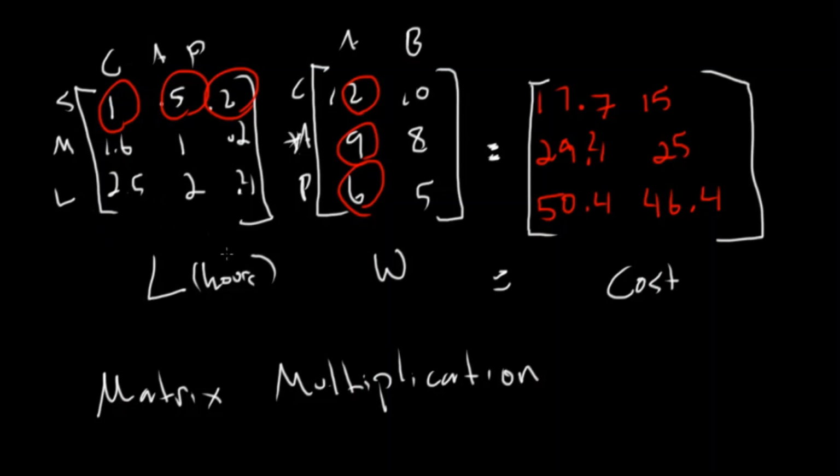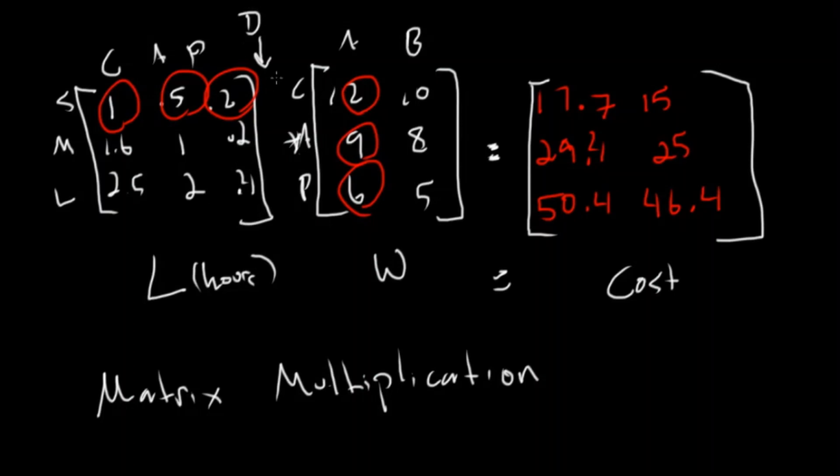What's important to note before we proceed is that the number of columns here must match the number of rows here, or this entire process wouldn't be possible. If there was another column right here for, let's say, distribution, this matrix wouldn't be compatible with this matrix.